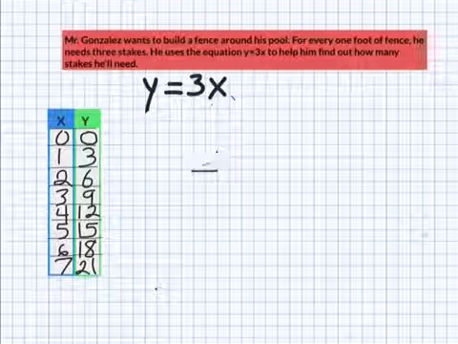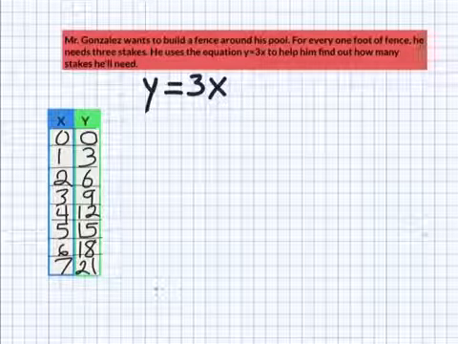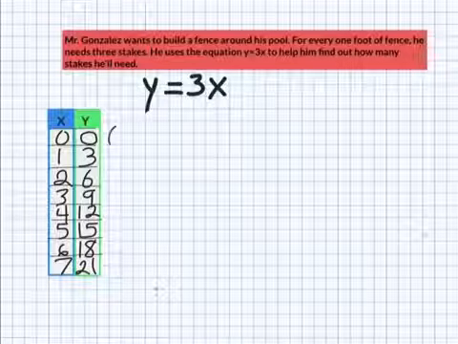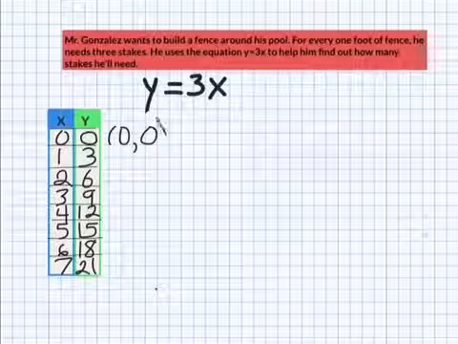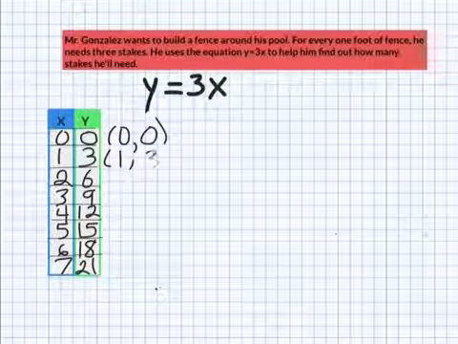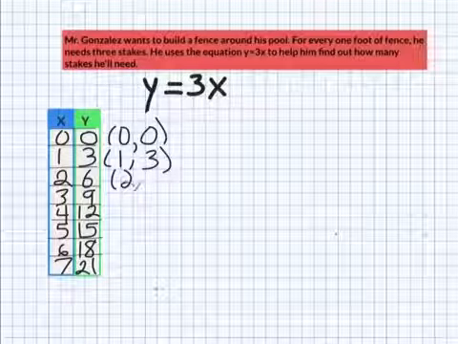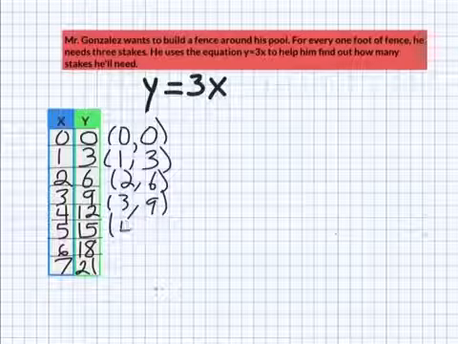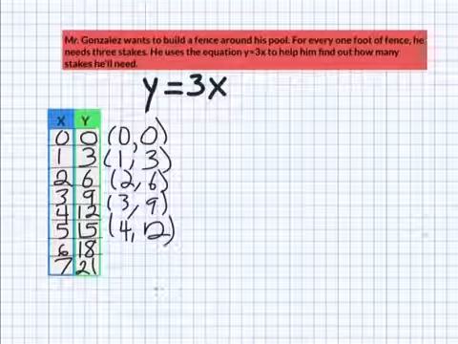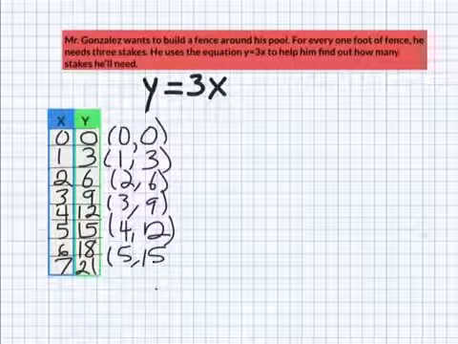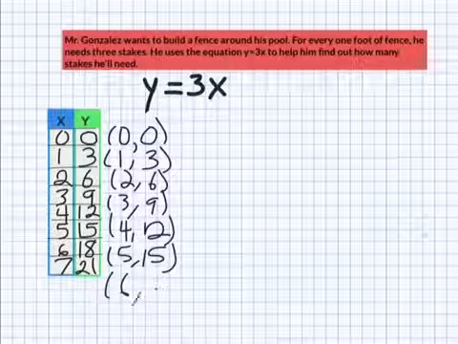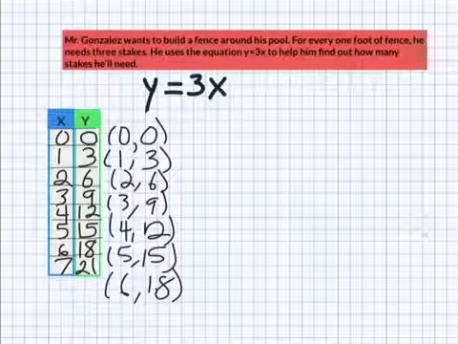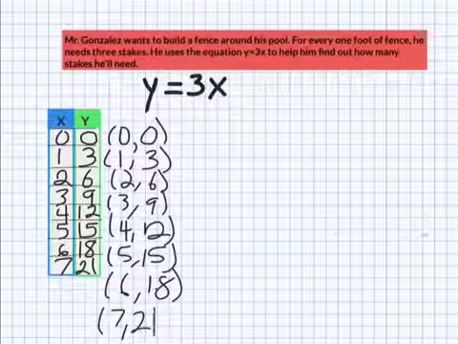So for the first point we have (0, 0), and we're just going to make sure we write that the correct way with parentheses and a comma. The next point on our line is (1, 3). We have (2, 6), (3, 9), (4, 12), (5, 15), and so on and so forth. So these are going to be the points that we graph to see the equation of y equals 3x.